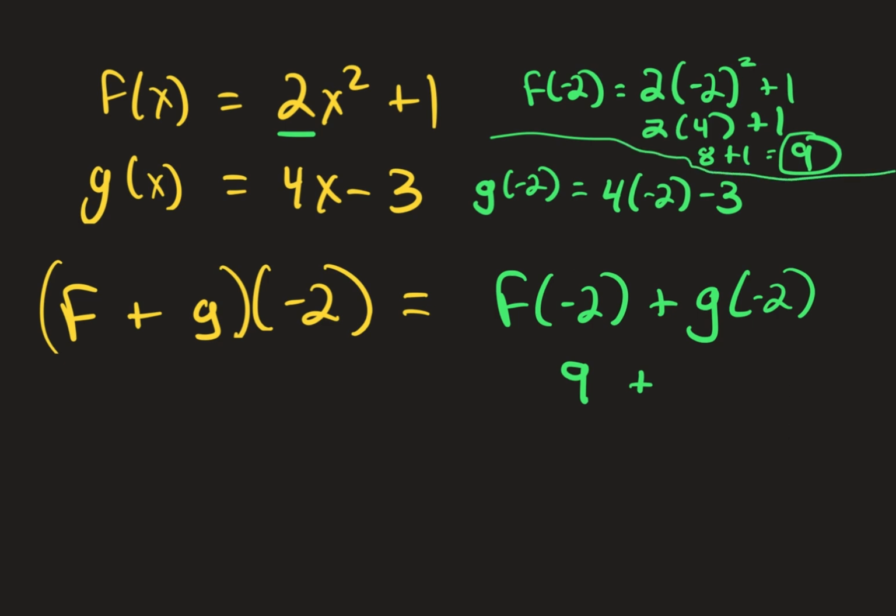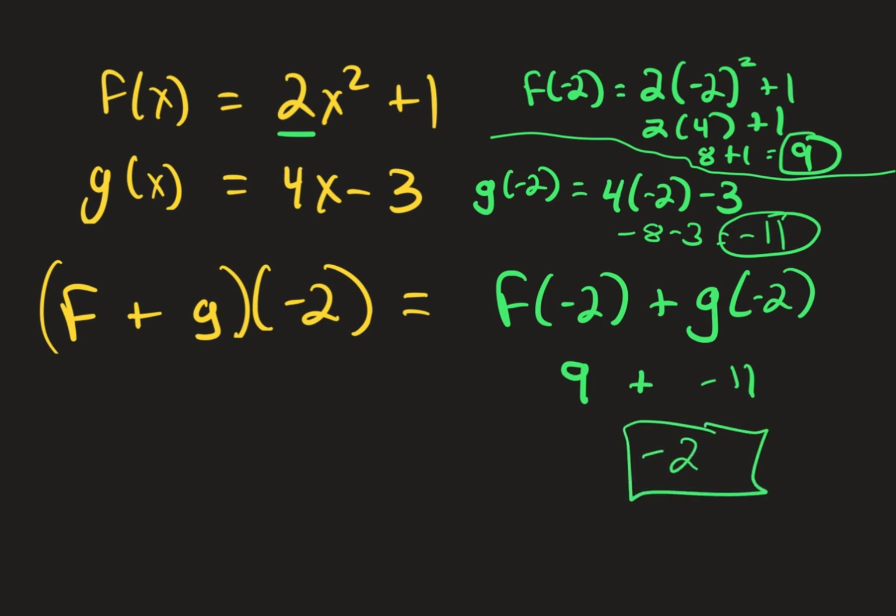So that's 4 times -2 minus 3. 4 times -2 is -8. -8 minus 3 is -11. So my g of -2 is -11. 9 plus -11 is -2. So f plus g of -2 is -2.